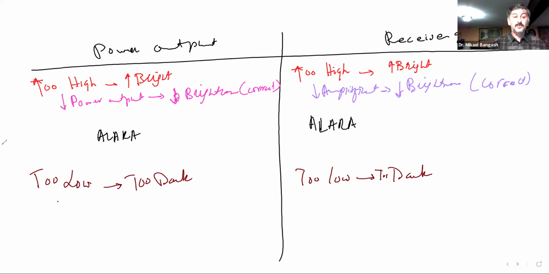So which of these two would you decrease first to get the correct brightness?